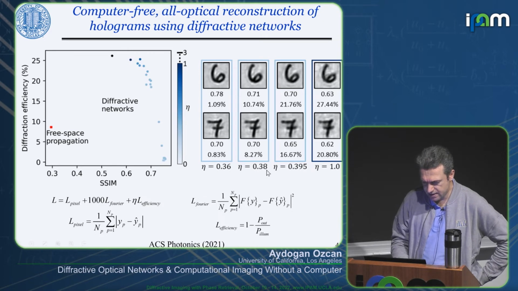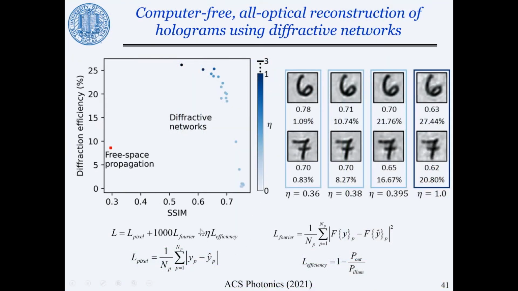And this is showing you the trade-off between diffraction efficiency and the structural loss function. If you make this eta coefficient, which is in front of the diffraction efficiency, larger and larger, you get better diffraction efficiency at the output. For example, this solution is more than 25% at the output in terms of efficiency, but you sacrifice some quality of structural similarity index.